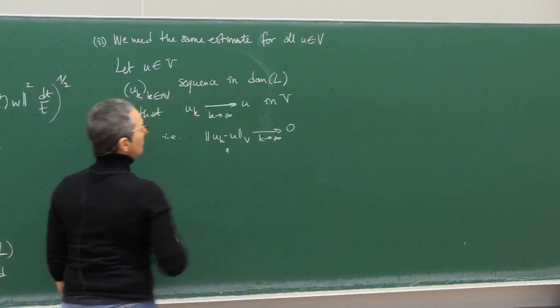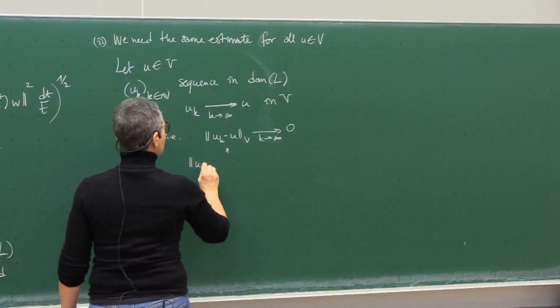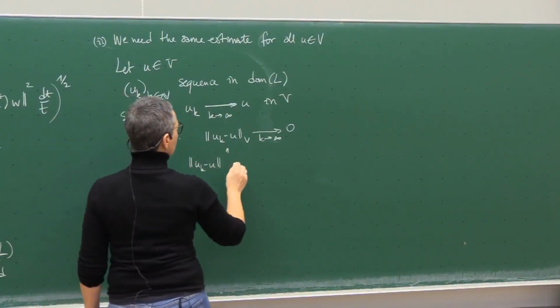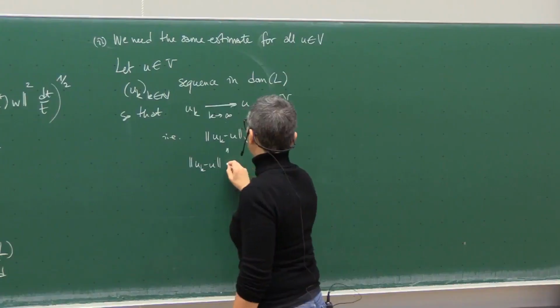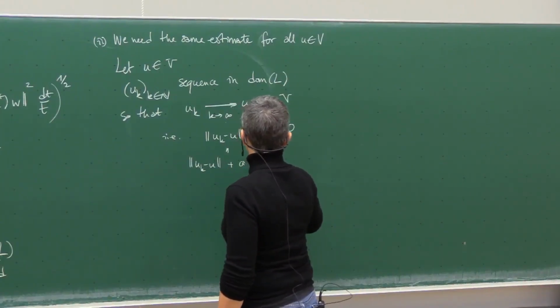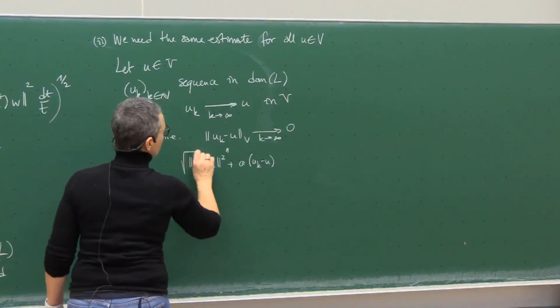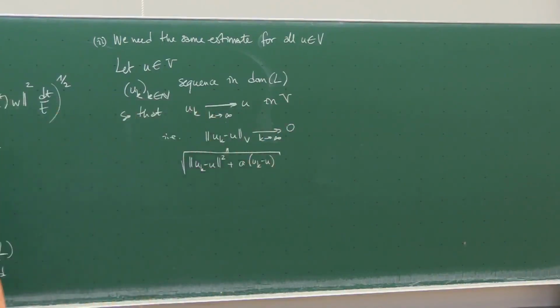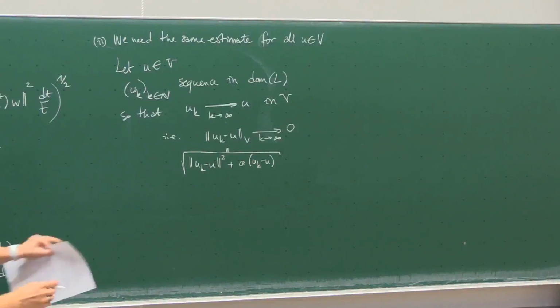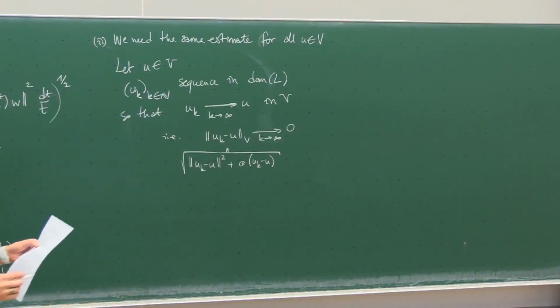And what is this norm? The norm in V is the norm in H plus the real part of A of uk minus u, so it's not exactly that one, but it's this norm in V. So it means in particular that uk converges to u in H.